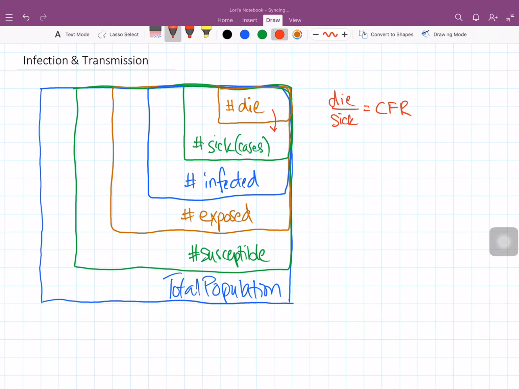Now, one of the things that's really important to think about when we're talking about these different possible subpopulations within the total population is that these are much more difficult to measure than you would think. You would say, oh, maybe it's pretty easy to measure the number who die. Well, that can also be somewhat tricky. We learned last quarter when we talked about death certificate reporting that those things that are included on the death certificate are not always accurate.